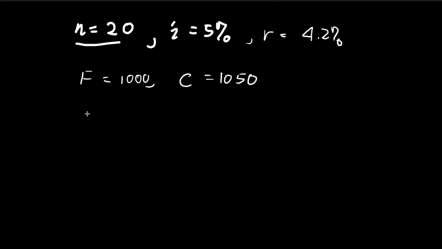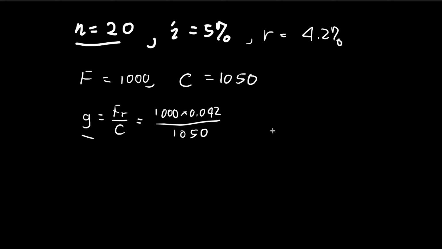And we have the special rate G, defined as CG equal to FR, so G is equal to FR over C, which in our case is equal to 1,000 times 0.042 divided by 1050. This is a special rate that comes in handy later on.